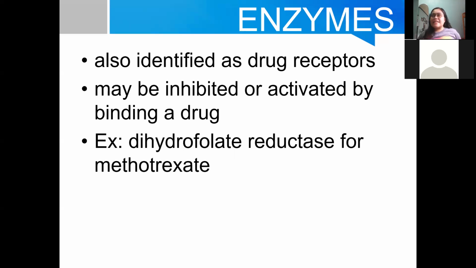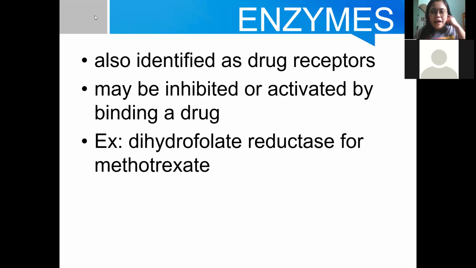Methotrexate is an anti-cancer drug. This drug will inhibit the enzyme dihydrofolate reductase, an enzyme needed for cell division. So when we inhibit it, there will be no cell division, and we inhibit the dividing and multiplying of cancer cells. That's just an example.